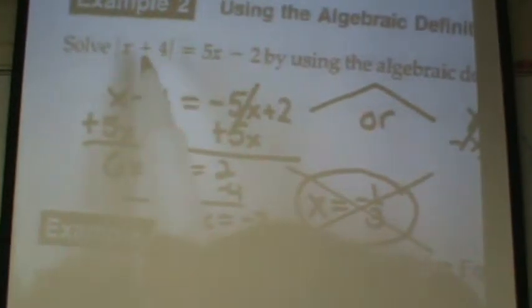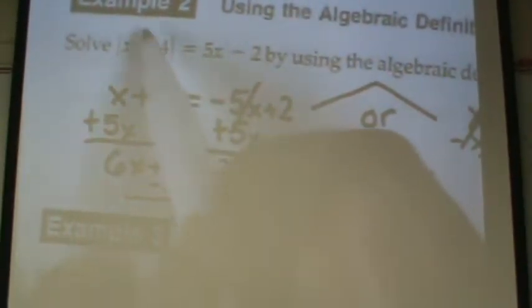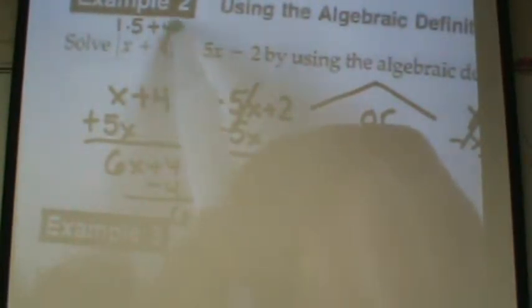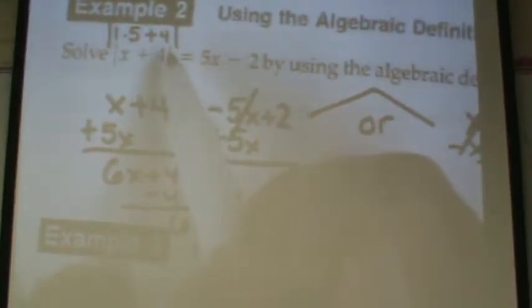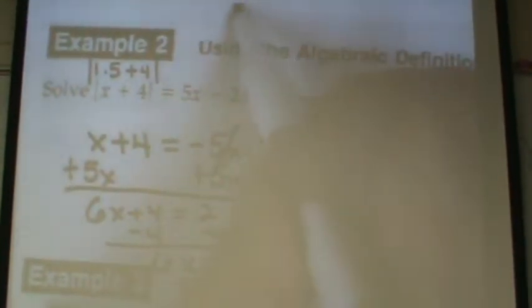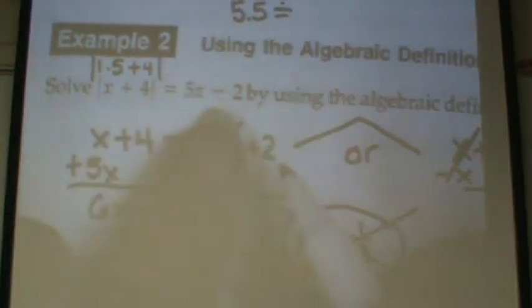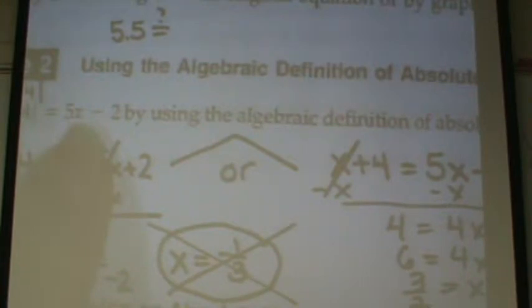So if you did 1.5, what is 1.5 plus 4? It's 5.5. The absolute value of 5.5 is 5.5. Does this equal 5 times 1.5? Let's do that. So what's 5?